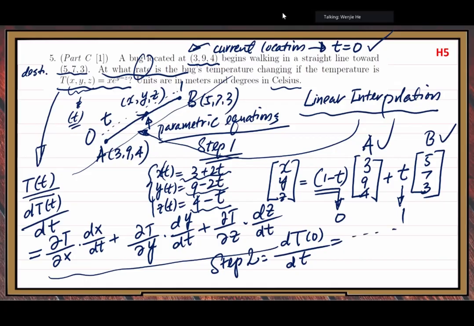Using this chain rule formula, you can calculate and find a number. But that's still not a final answer. To get a final answer, you need to do the last step, step 3.